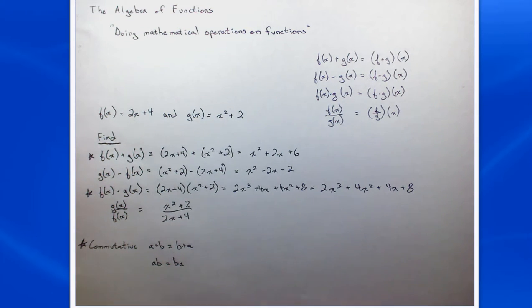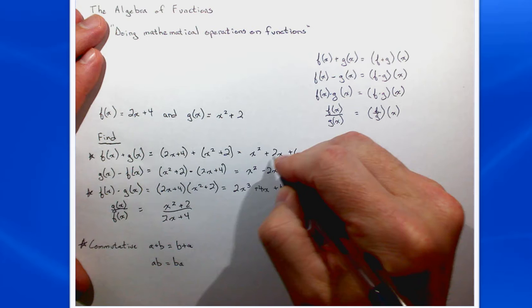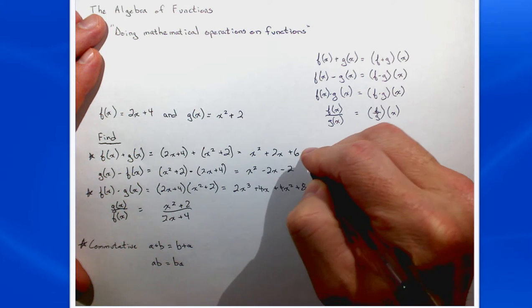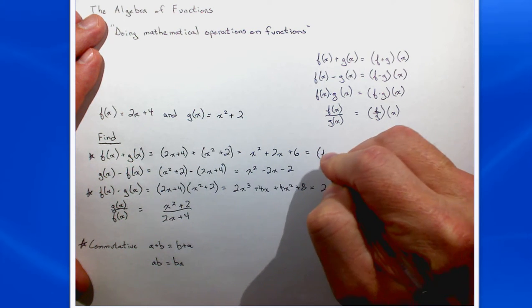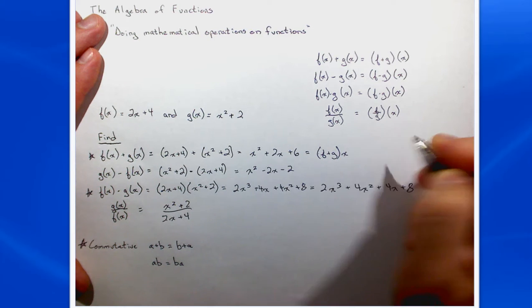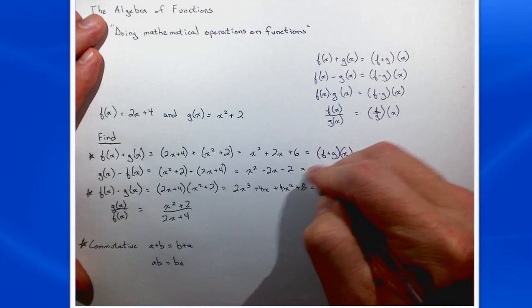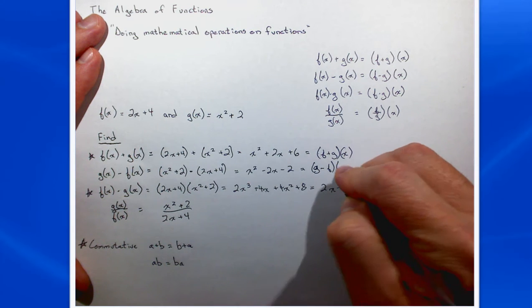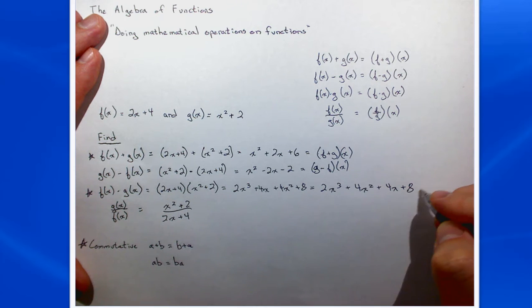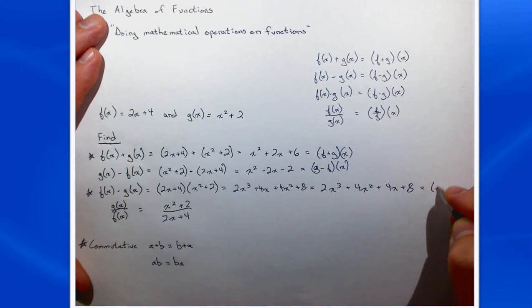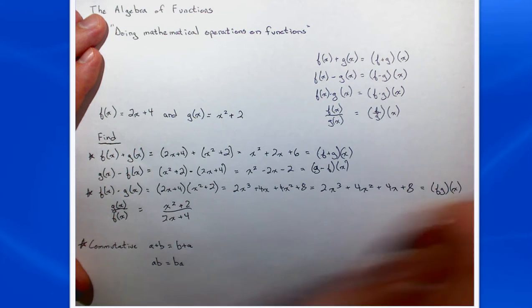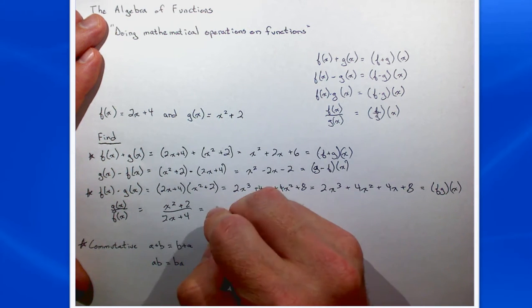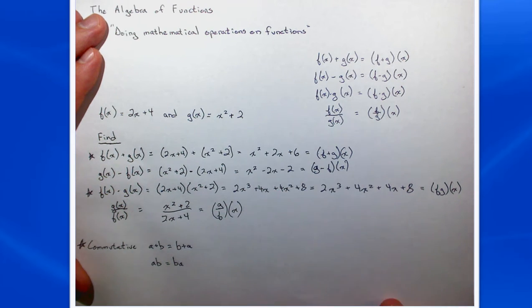Okay, we've rewritten our functions. And again, what I have here is simply this. And here, what I have, I can just write as that. I don't have to put the dot in between. And here, what I have is that.